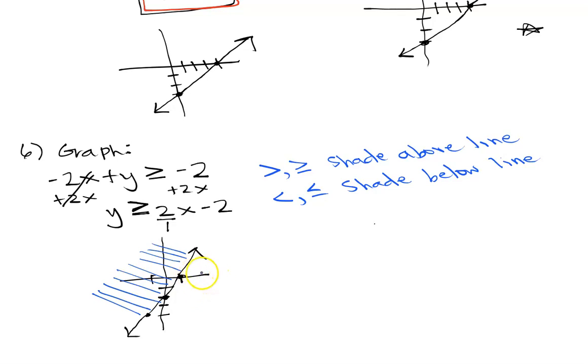And you can do it that way, but you don't have to. I'm not giving you any points for doing it that way. If you understand this and can see, oh yeah, if it's greater than, then I want the stuff above the line. If it's less than, then I want the stuff below the line. Does that make sense? Yes. Okay.